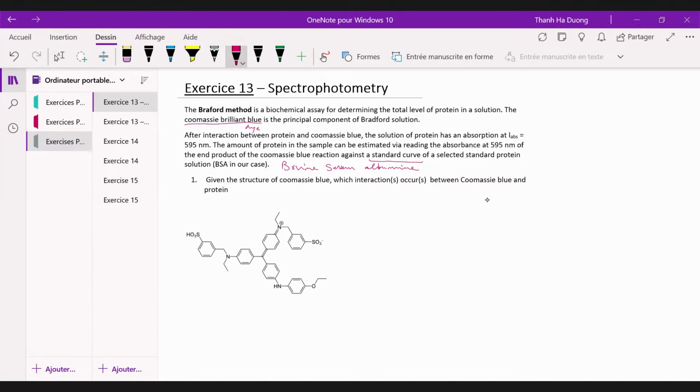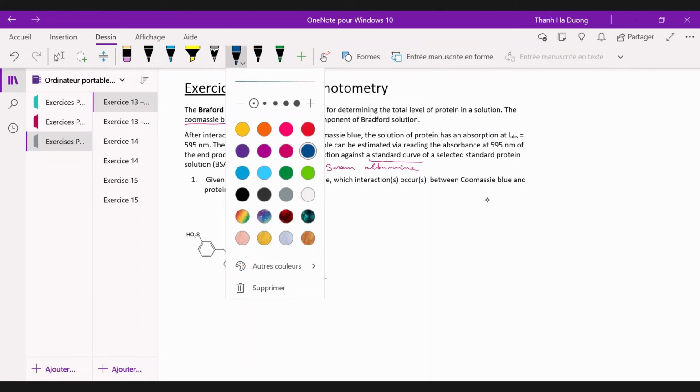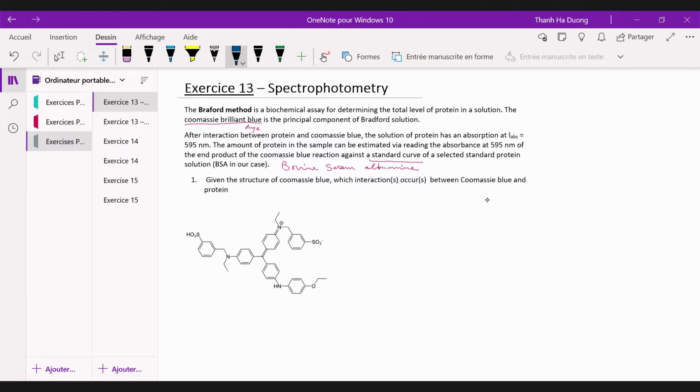Okay, so given the structure of the Coomassie Blue, which interaction occurs between Coomassie Blue and proteins? So in this molecule, you have different regions, okay? Here you have an ionic part, here cationic, okay? So if you have ions, you can have what kind of interaction?